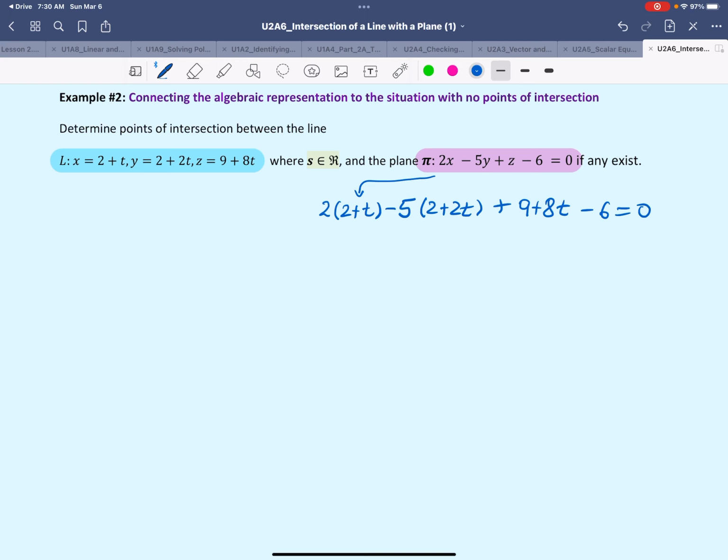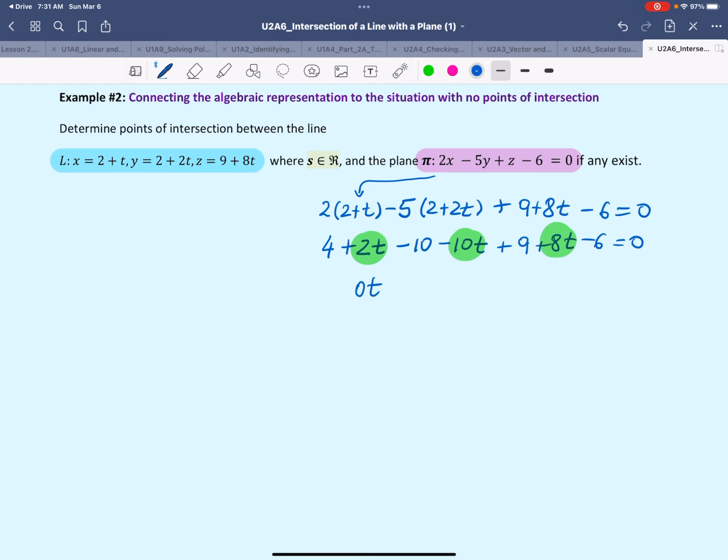So let's solve this equation. We have 4 plus 2t minus 10 minus 10t plus 9 plus 8t minus 6 equals 0. Let's collect terms. So we have 2t minus 10t plus 8t, so that makes 0t.